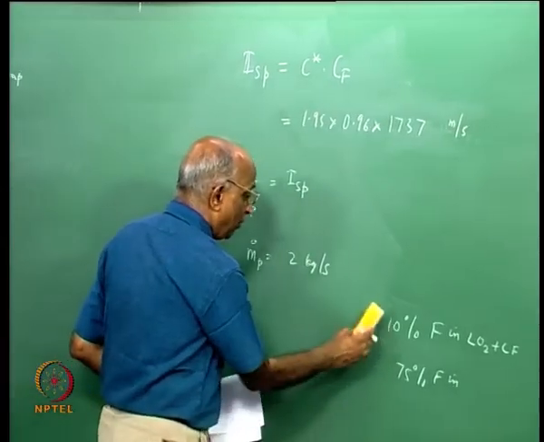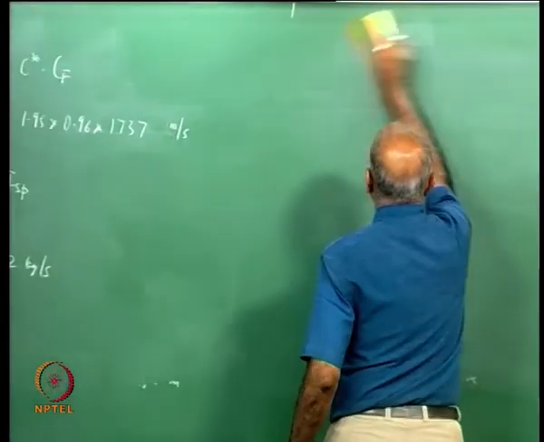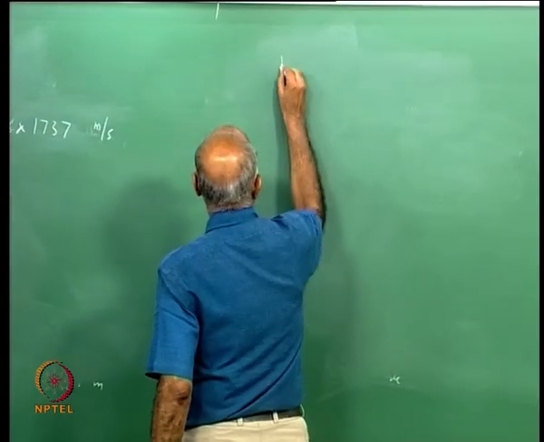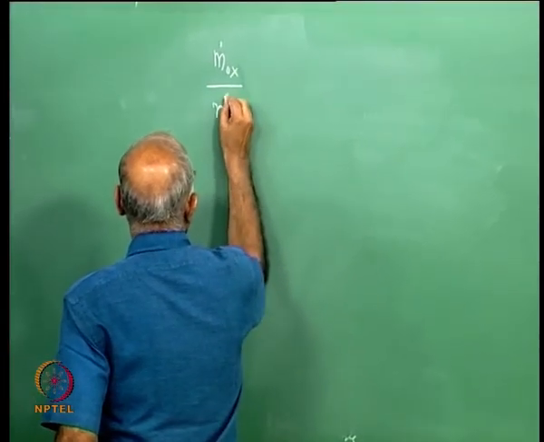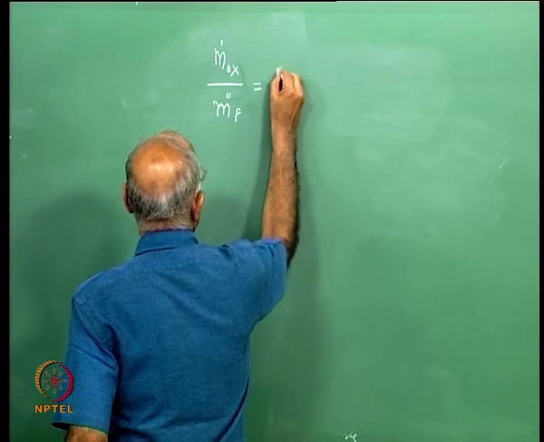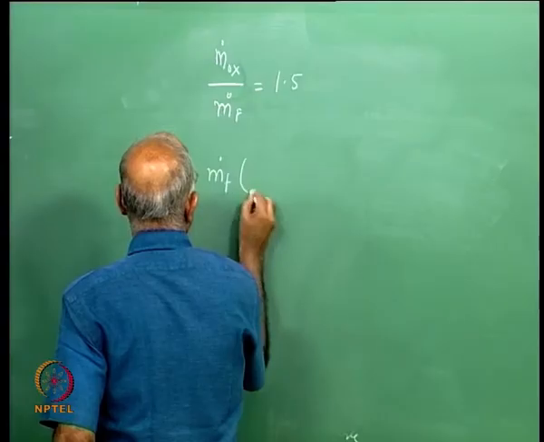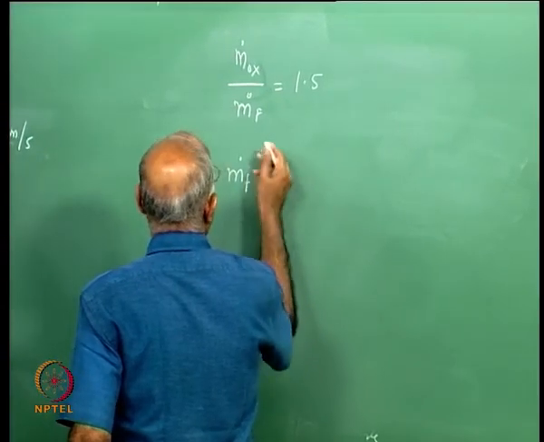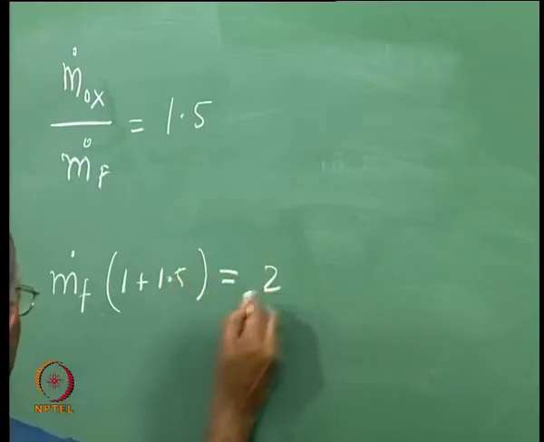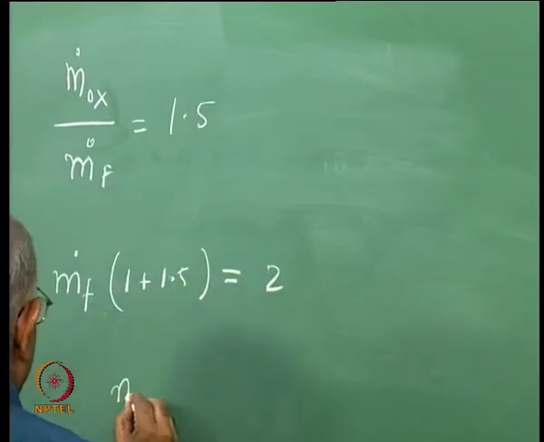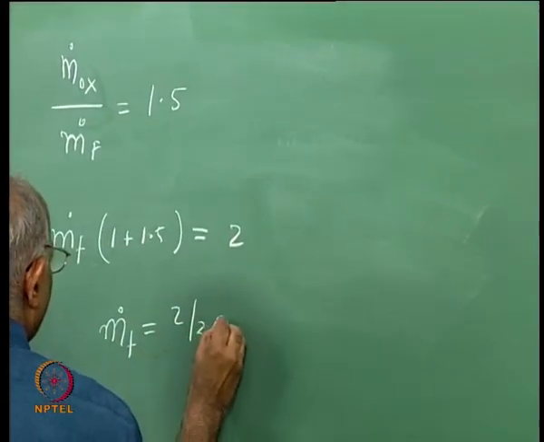And now what is the flow rate of oxidizer and flow rate of fuel? You know the mixture ratio is given as 1.5, m dot oxidizer divided by m dot fuel is equal to the mixture ratio, which is 1.5. Therefore, m dot fuel multiplied by 1 plus 1.5 is the total propellant mass flow, which is equal to 2, or rather m dot f, the mass flow rate of fuel, is equal to 2 by 2.5.